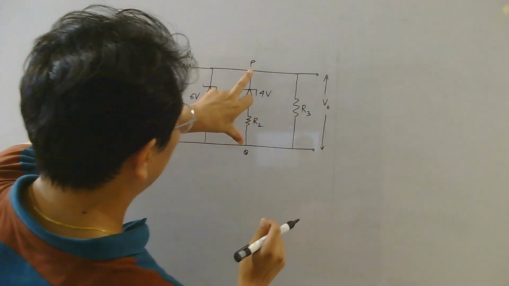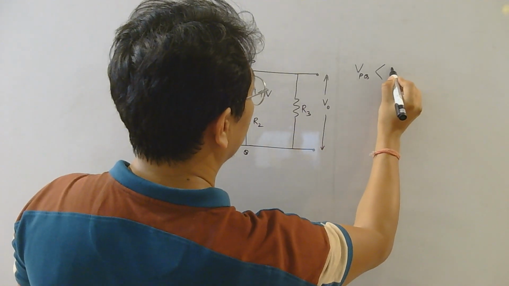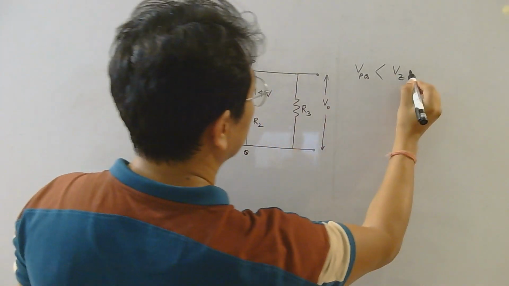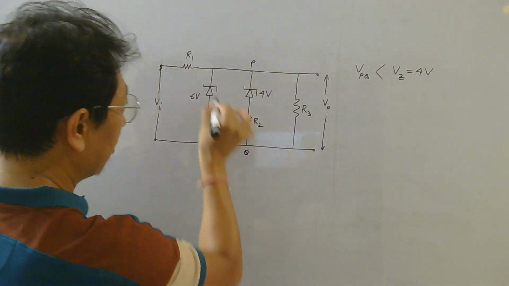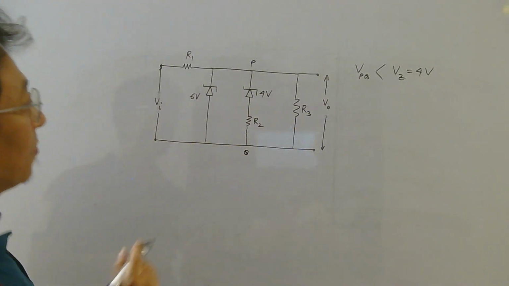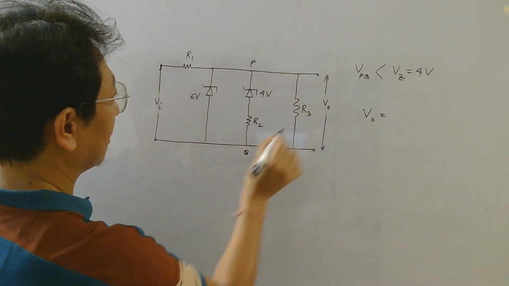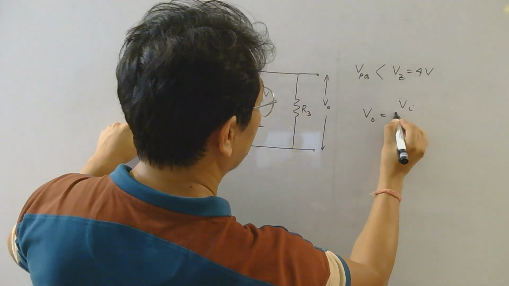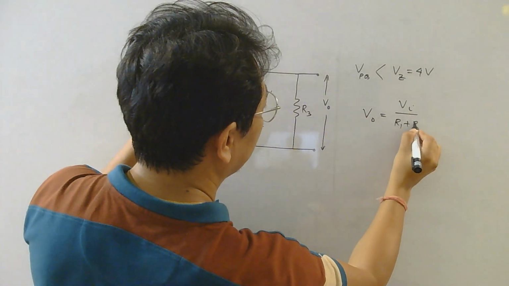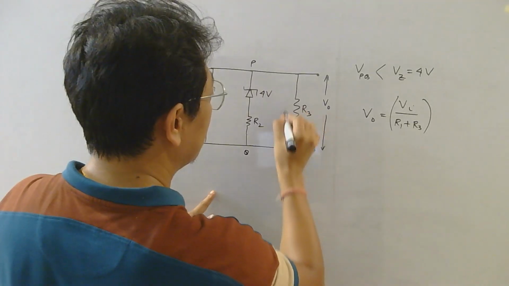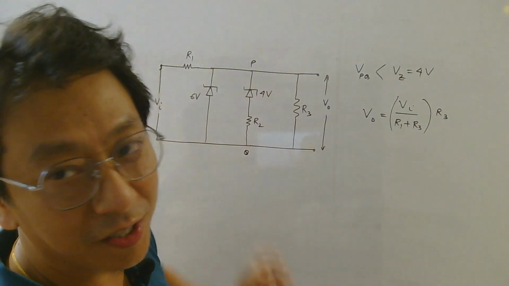And we know when the voltage between P and Q is less than the Zener voltage for this diode, which is 4 volt, then both are off, so no current will flow here or here, so this resistance is useless. So the output voltage will be the current in the circuit, which is input voltage divided by the total resistance R1 plus R3, into the resistance of this load, which is R3. So that would be your output voltage.